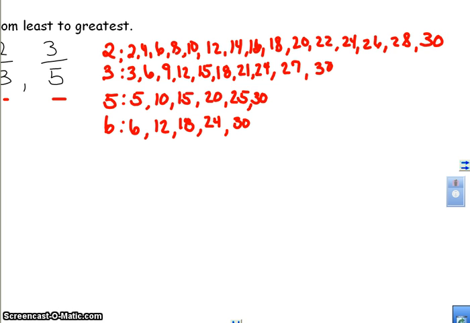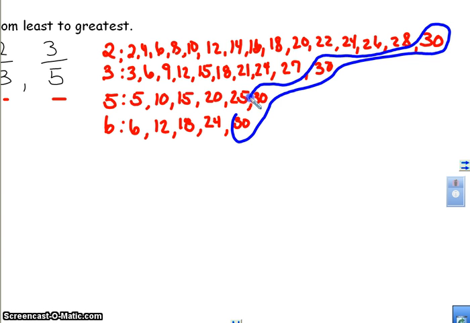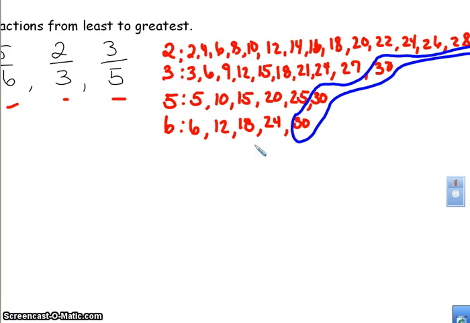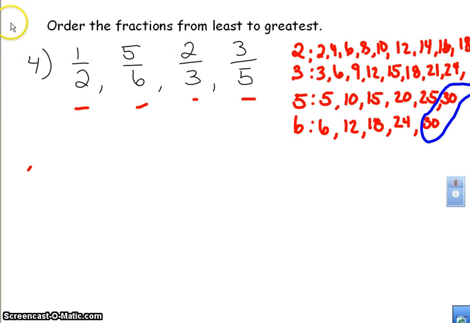So 30 does end up being my LCD for all. Remember, your LCD has to have a common number between all numbers. Okay, so 30 is my LCD. So I'm going to change all of these numbers to fractions with 30 as their denominator.